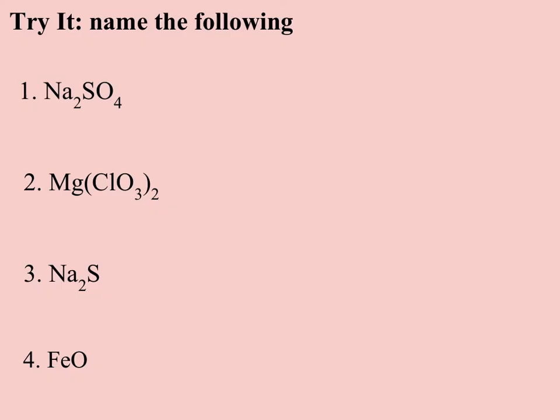Here's a couple more for you to try. So again, I'd encourage you to pause it before you listen to my solutions. So the first one is going to become sodium sulfate. Nothing tricky. Second one, magnesium. And again, there's a lot of similar chlorate groups, but this one is just chlorate, so magnesium chlorate.